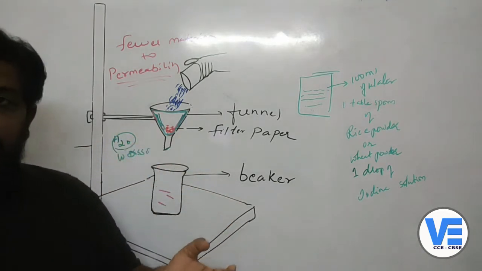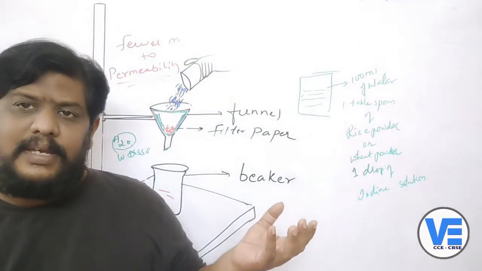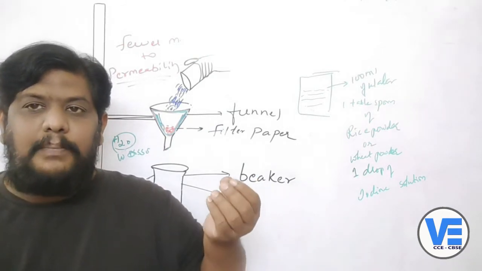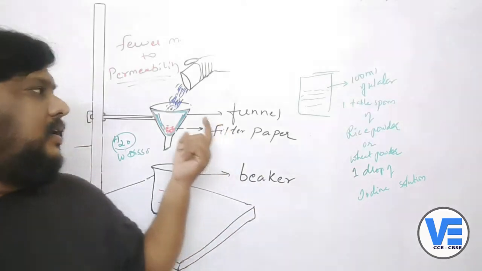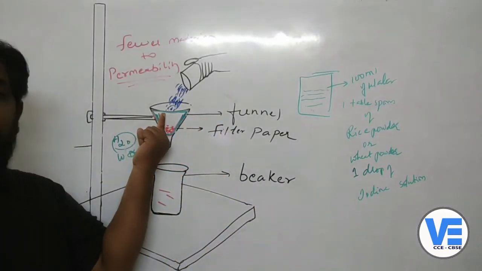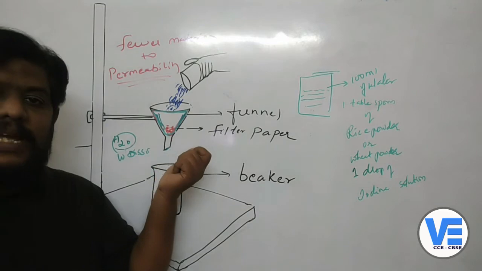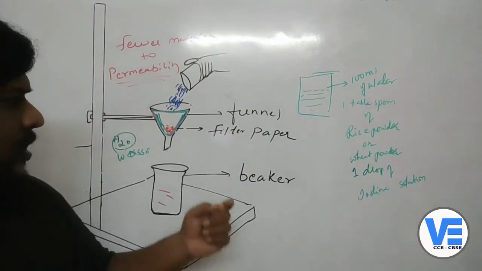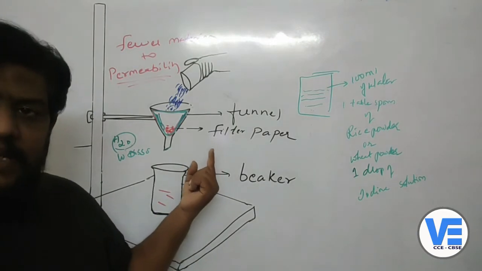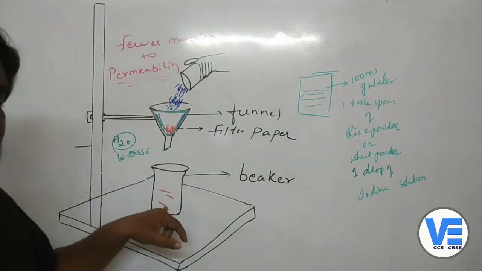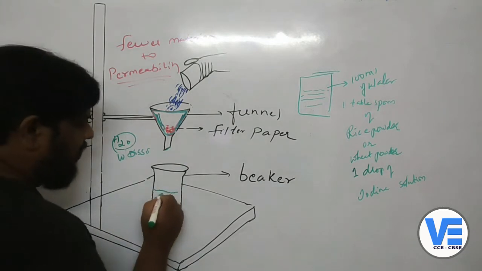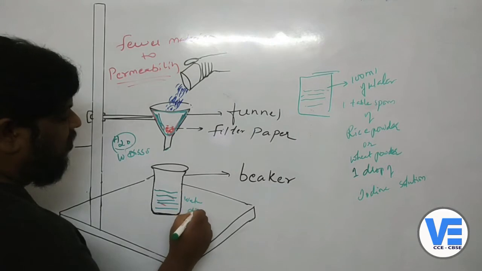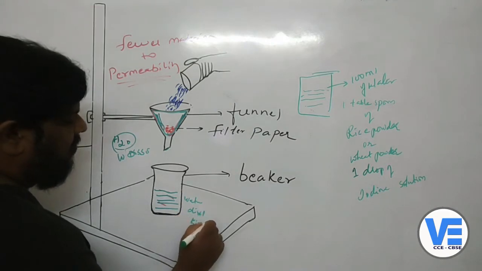Whatever is undissolved, the wheat flour which is completely undissolved, will stay back in the filter paper as a precipitate, so that will not be filtered. So what we receive here is the water and also dissolved rice flour.